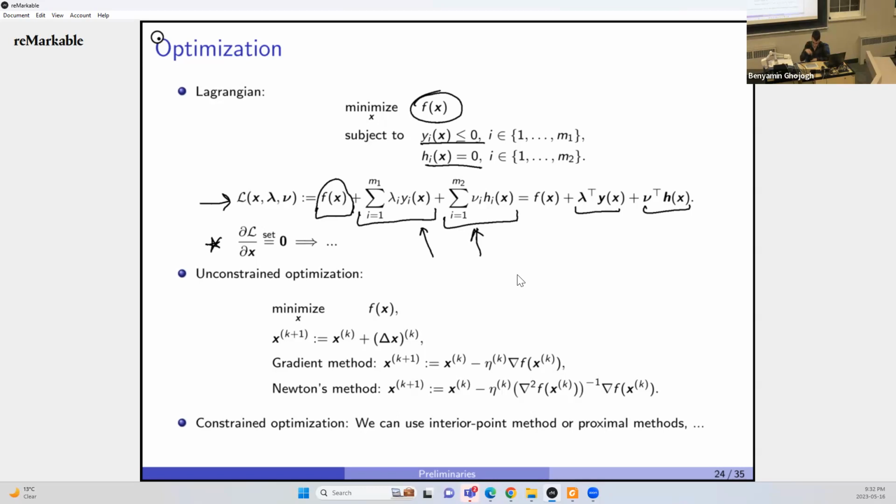Unconstrained optimization. That was for constrained optimization. For unconstrained optimization, when we have minimization of f of x with respect to x, what is the first thing that comes to your mind? Take the derivative and set it to 0, as in high school.